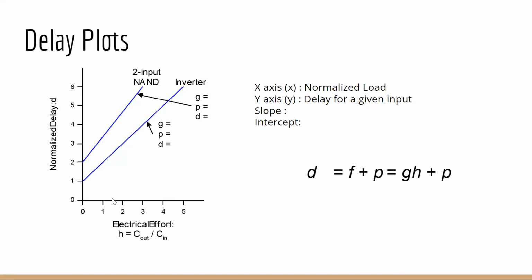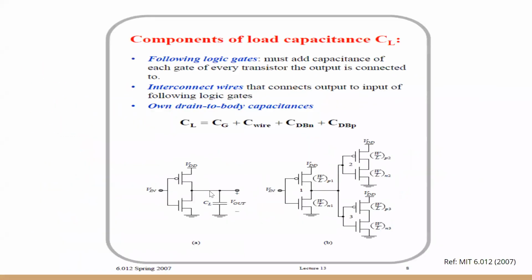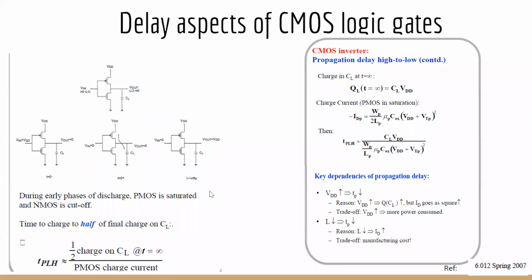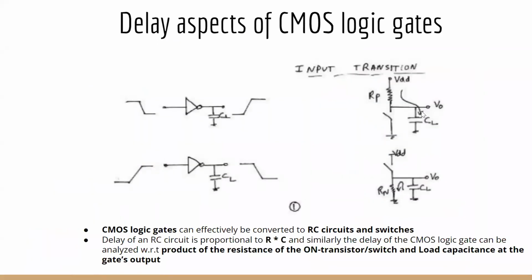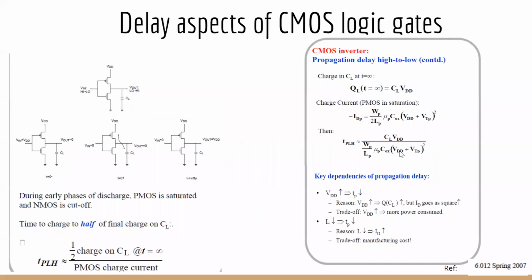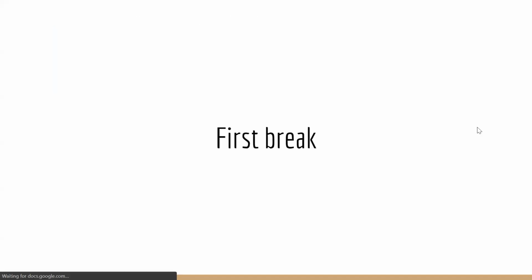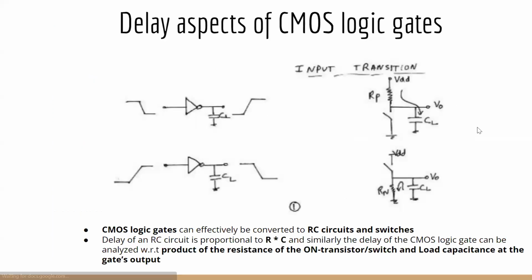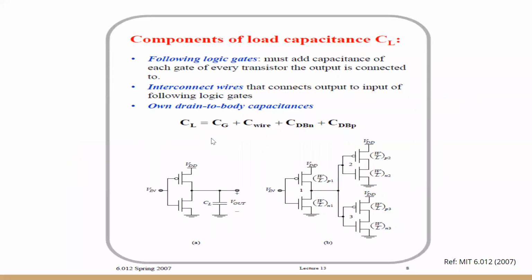effectively it's an RC circuit. A digital gate is just an RC circuit, right? As we saw, we are abstracting the load as some CL value, but in reality, CL can be broken down into multiple components.